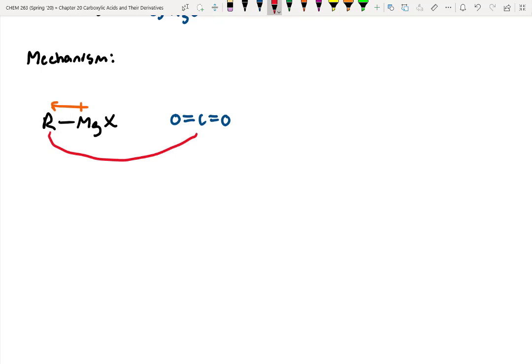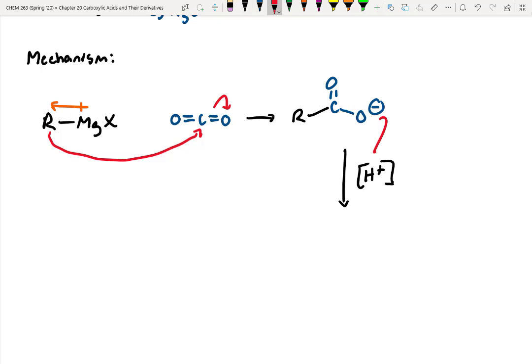So we're going to show this Grignard attacking the CO2 and kicking electrons over. Actually, let's keep the coloring the same. And then in our last step, all we need to do is to treat this with an acid, and we can get to our neutral carboxylic acid.